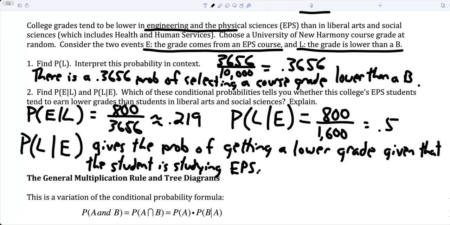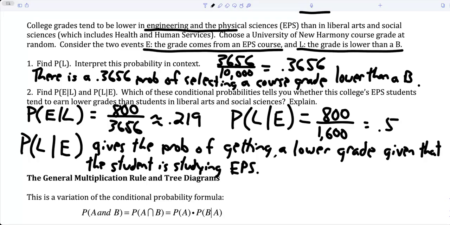It's 0.5. So since that's greater than the overall probability, there's a larger probability of getting a grade lower than a B in that school than overall, which means there are lower grades in that school, since the probability is larger.